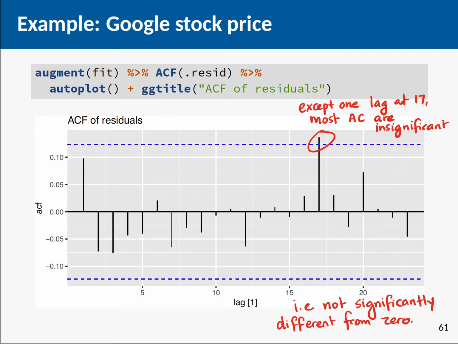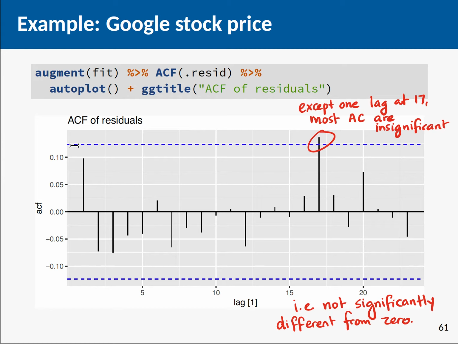We can take a look at if there is any correlation present in our residuals. So are the residuals at time t correlated with residuals at time t minus 1 or t minus 2? And you can look at it for so many lags, right? So on your x-axis here, you have lags. This is your autocorrelation function of residuals. Remember, we don't want any type of pattern to exist in our residuals.